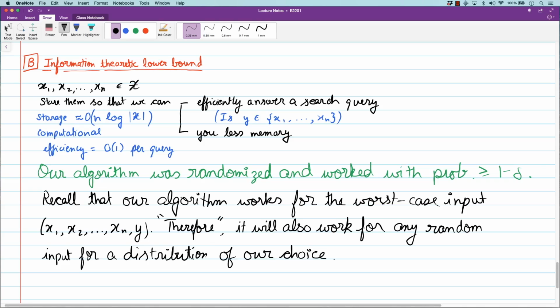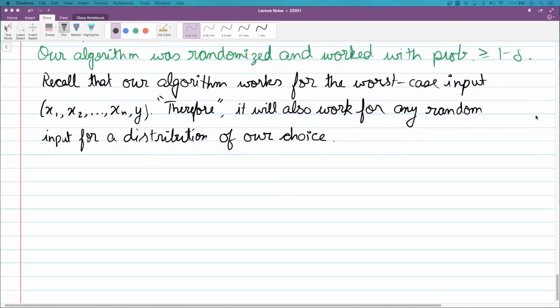Okay, so I'll describe that distribution of the random input. We will use a specific distribution to prove our lower bound. So what is the distribution of our choice?